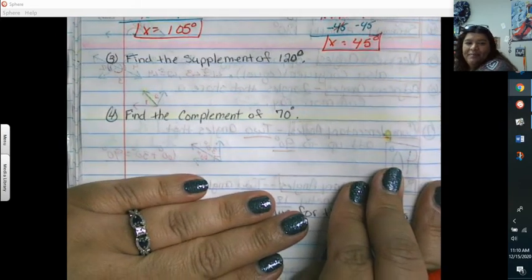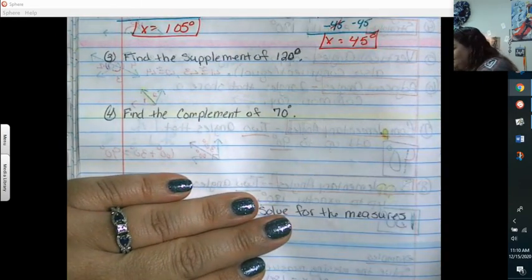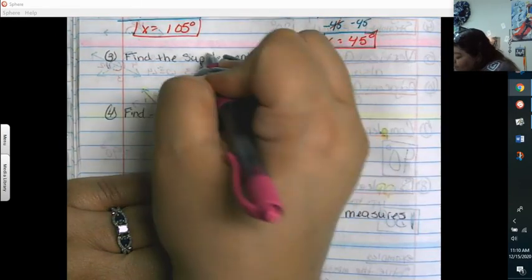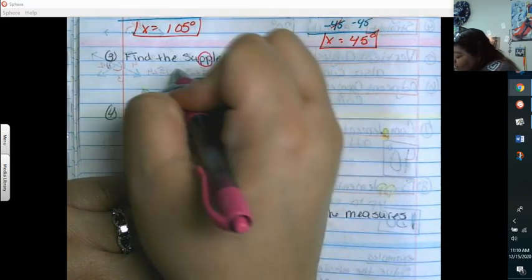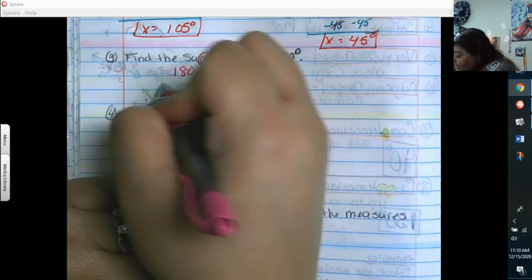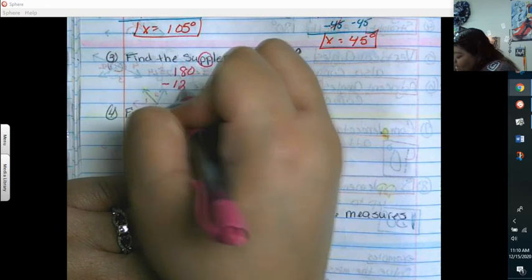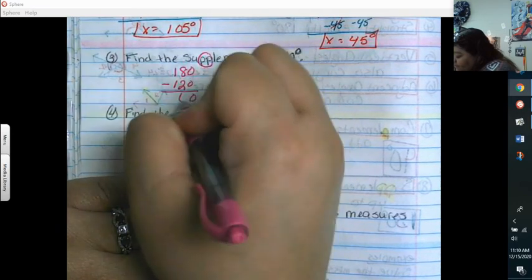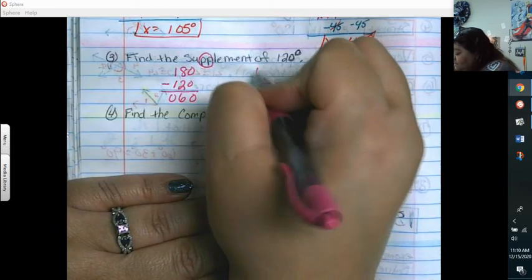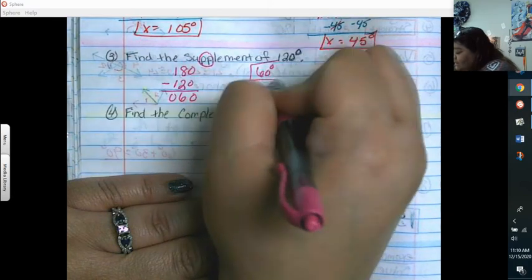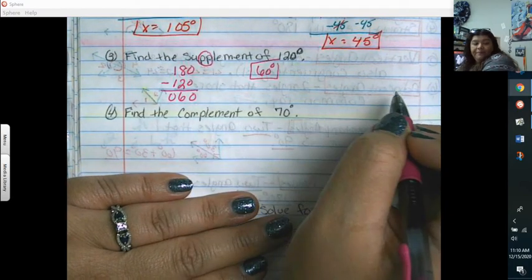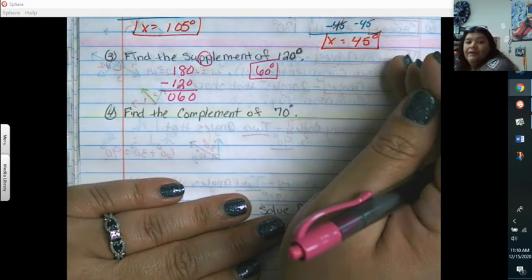Okay. Number 3, supplement. All right, let's see if you got this one. Supplement is 180. So all you had to do was take 180 and 120 and subtract. And I got 60 degrees. 60 degrees for number 3. Okay.